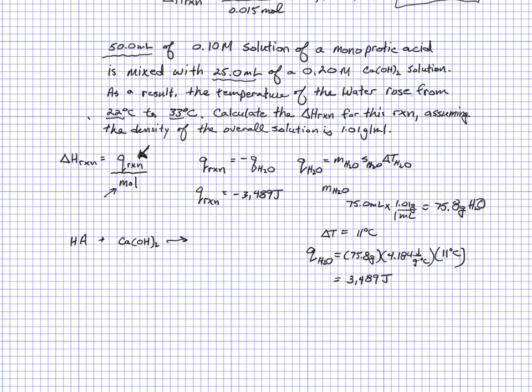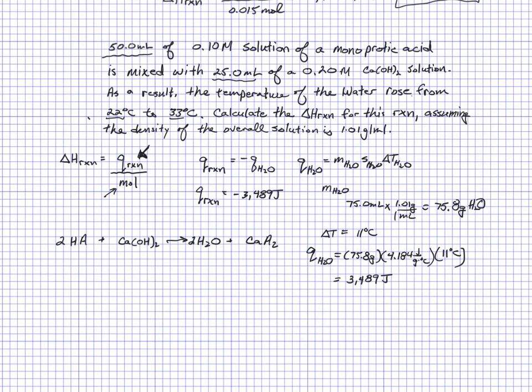So the result of this reaction is going to be water, actually, two waters, plus whatever the salt is that's produced as a result. And every one calcium hydroxide is going to react with 2 moles of the acid.